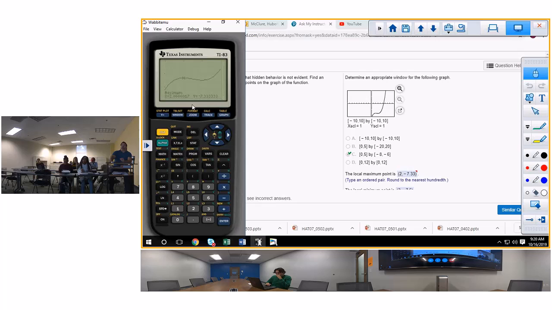There it is. So write down 2, -7.33. And now let's find the min. Second, trace. Min. And go over here, and I'm not even going to put it close. I'm going to put one right there, and then I'm going to go way over here, and I'm going to put one way over here on the right.